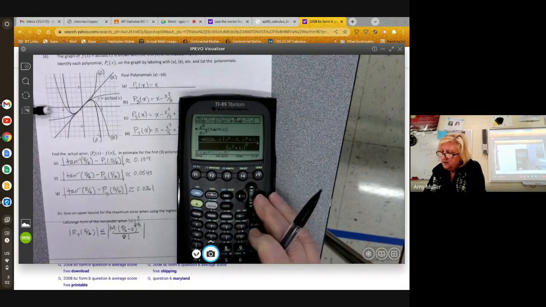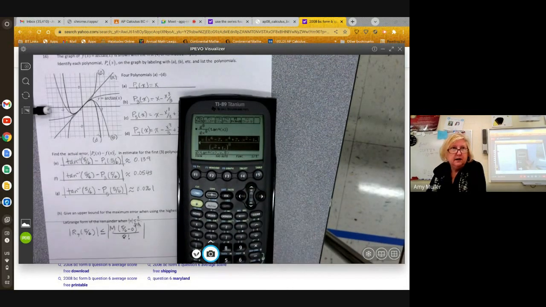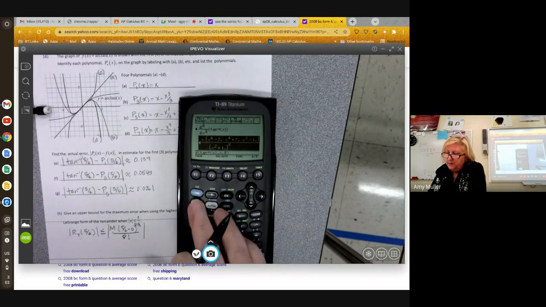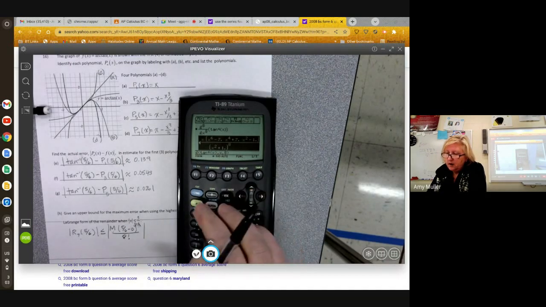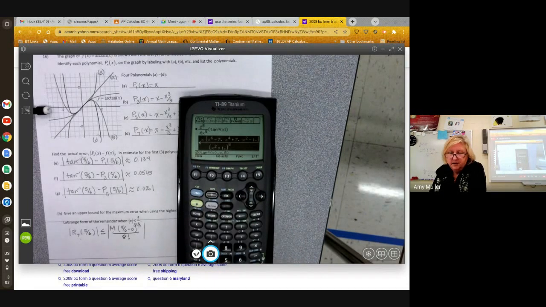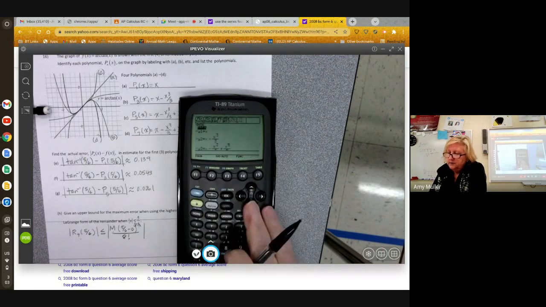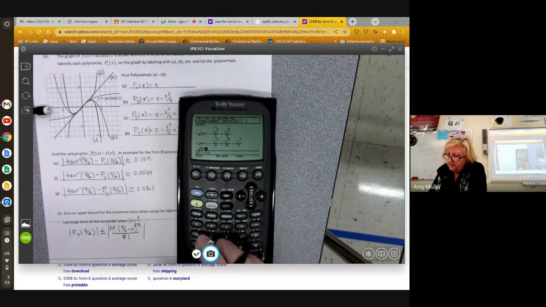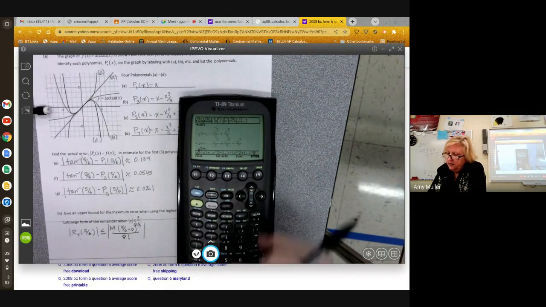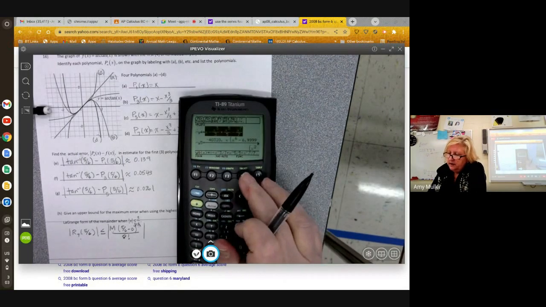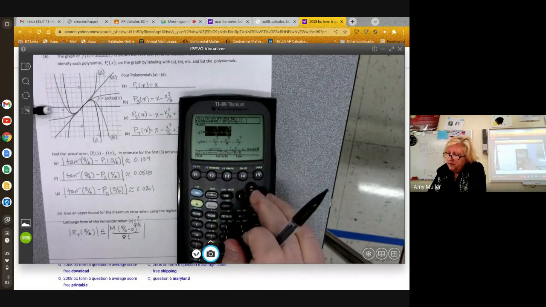And so this is the 8th derivative. It's crazy. Okay, so I'm going to copy it, control or diamond copy. I copied it. And then I'm going to y equals, and put that in y5, control paste. There it is. And then I'm going to deselect all of these using F4.